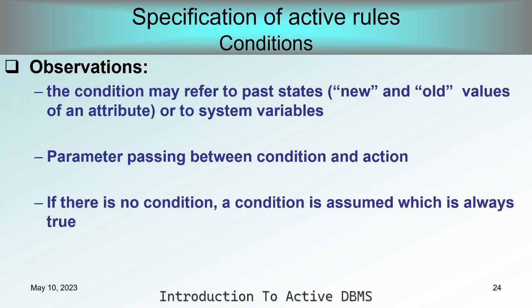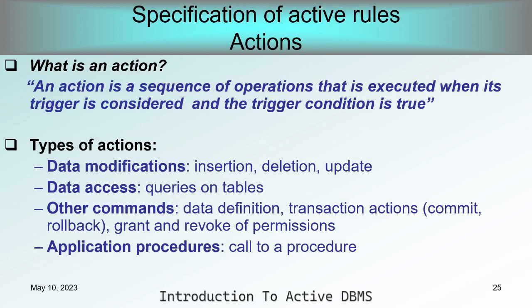It can be either new or old value of an attribute or to the system variable. It can be a parameter passing between the condition and action, and if there is no condition defined, then the condition is always assumed to be true. So this is how the observation of condition is defined.